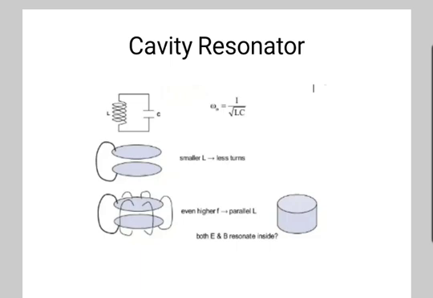So the waveguide may be rectangular or circular. The microwave cavity resonator is like a tuned circuit at low frequency containing a resonant frequency. So f0 is equal to 1 by 2 pi square root of LC. The cavity resonator may resonate at only one certain frequency, like a parallel resonance circuit.